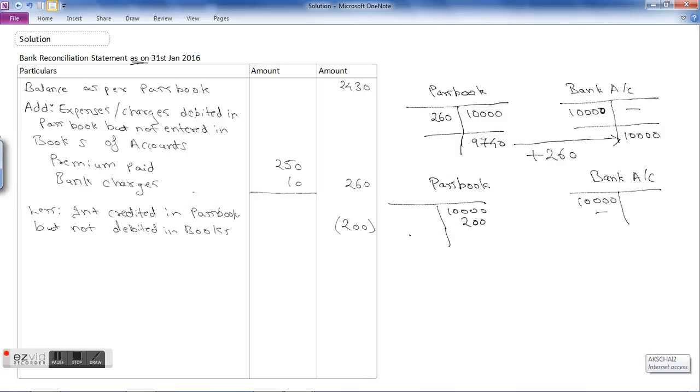So as per passbook, your balance comes to 10,200. As per your bank account, your balance comes to 10,000. Now you are moving from passbook to your bank account, so you have to reduce 200. The same thing has been done here. Correct? Now let's see the other transaction.